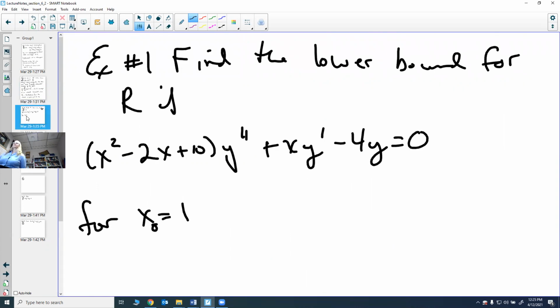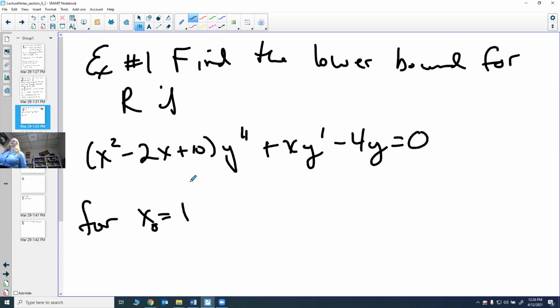So let's actually do that. Let's find out what the lowest bound is for r. We have a different equation: x squared minus 2x plus 10 times y double prime plus x times y prime minus 4y equals 0, for x sub 0 equal to 1.